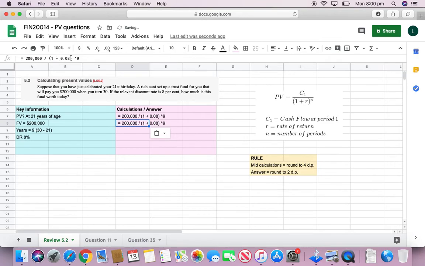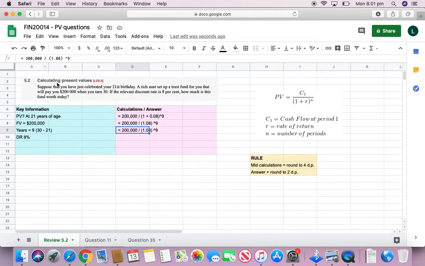Okay, so what's the next step we can do? 1 plus 0.08. I just added these 2 together here. So I'm doing this very detailed for this question. What's our next step? Our next step is 1.08 to the power of 9.